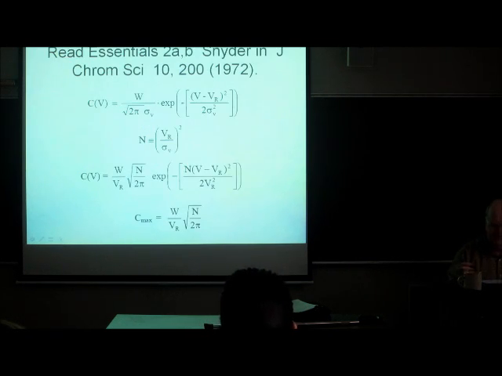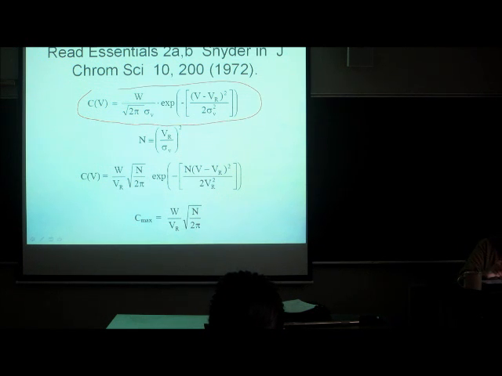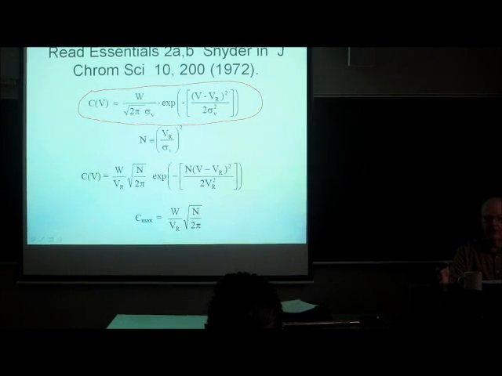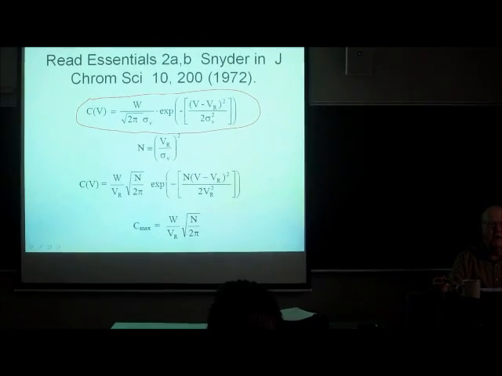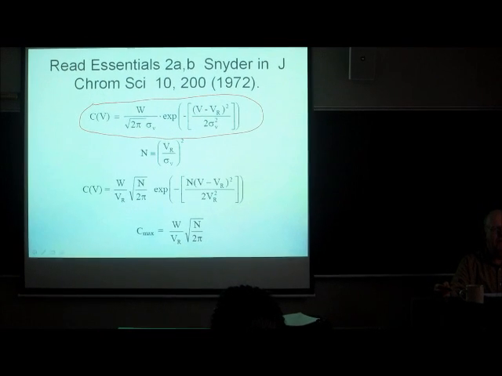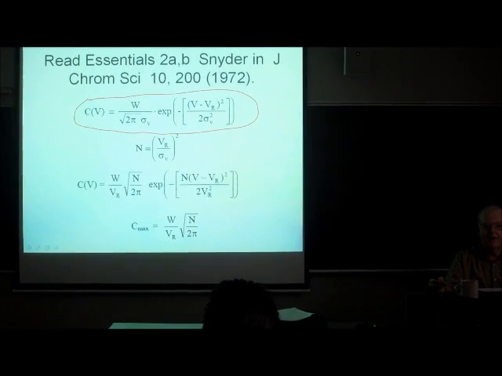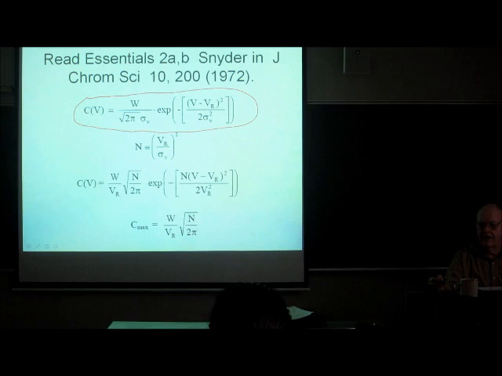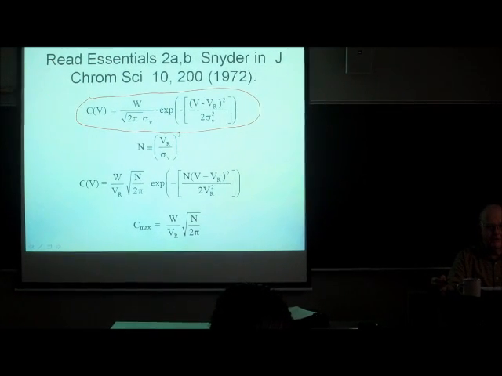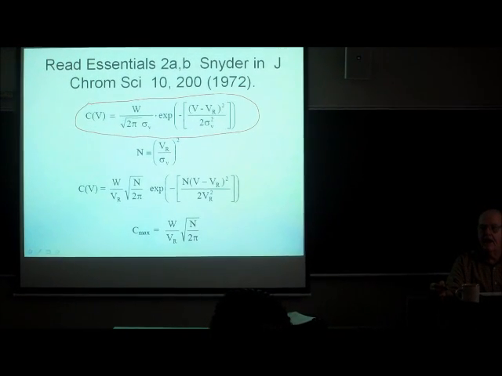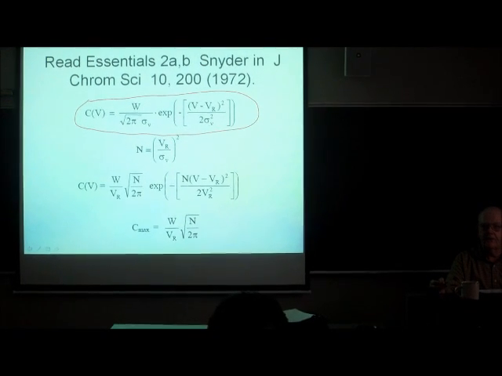So we have to start with the basic Gaussian peak. And this equation here, we basically derived the other day by taking the limit of the Craig apparatus, the limit of the binomial distribution, as the number of transfers gets really big.